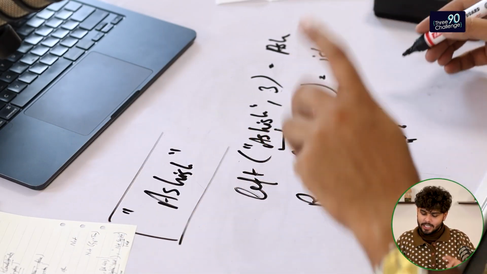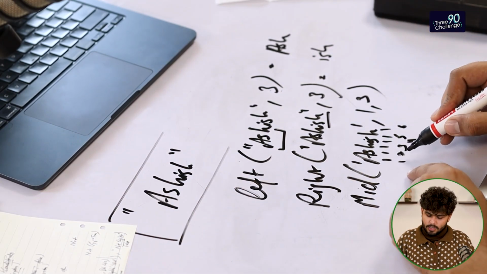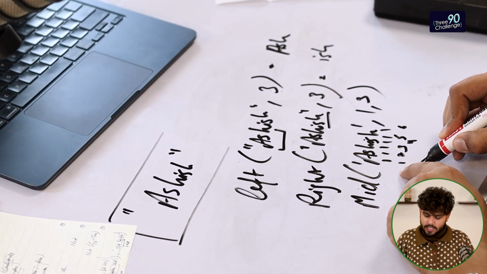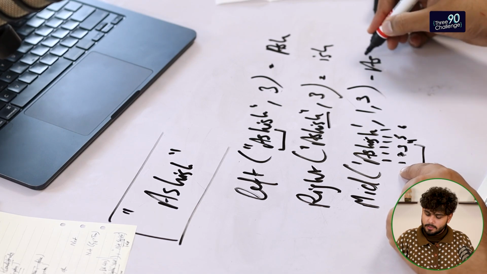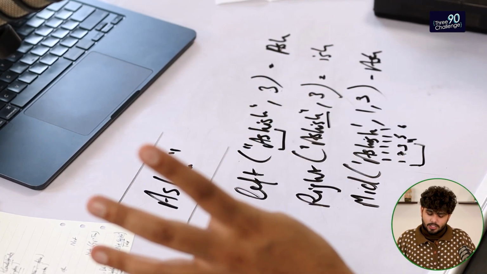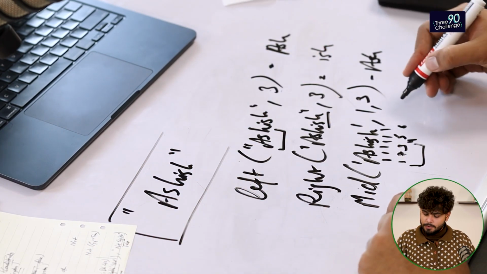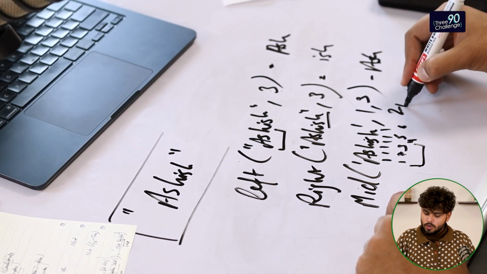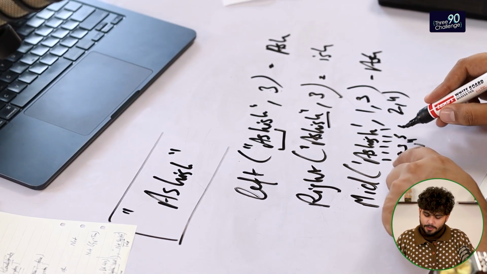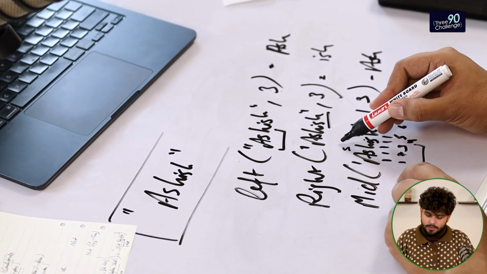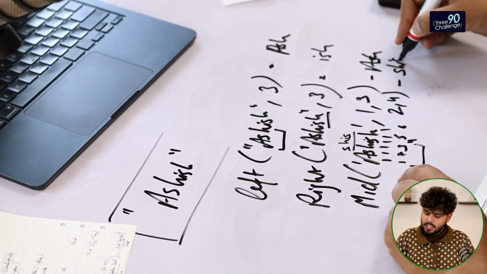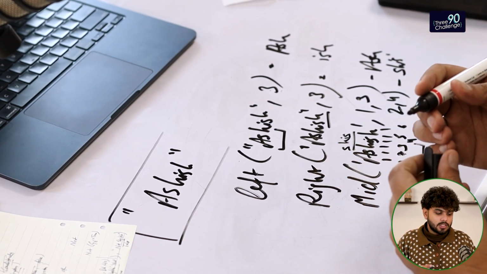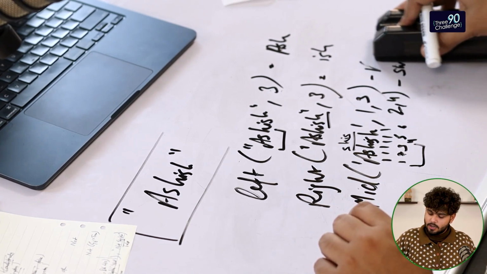I want to take 3 characters after that. So it will start from 1 and take 3 characters, so 1, 2, 3. The answer would be ASH again. Okay, so this is how it can be done. For example, if I'm writing Ashish 2, 4, it will start from the second position, which is S, and take 4 characters. So the answer in this particular case is SHIS. Right? So this is how this can also be implemented.